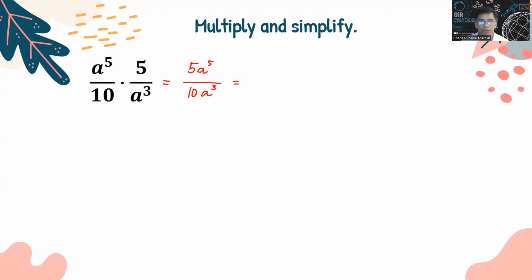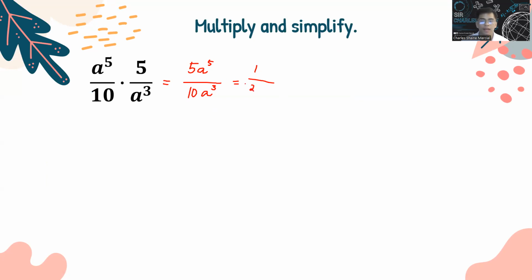Now, since we have common factors from the coefficients, from the numerator we have 5 and sa the denominator we have 10, meron silang GCF or greatest common factor na 5, so we can divide both sides by 5. Or i-simplify natin, 5 over 10 is equal to 1/2.